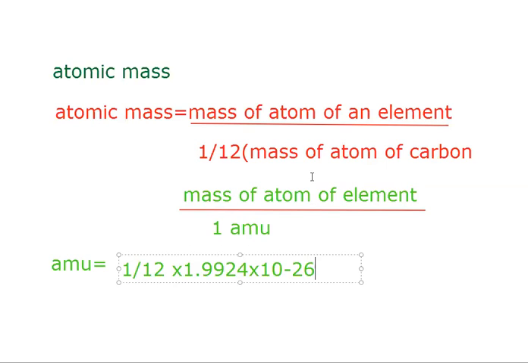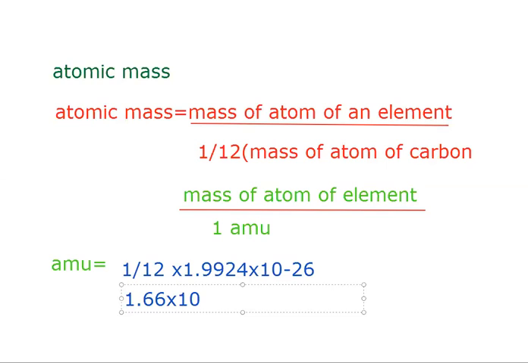Okay, since the mass of one atom of carbon is 1.9924 into 10 raised to the power minus 26, the overall value of AMU will come as 1.66 into 10 raised to the power minus 27 kg.